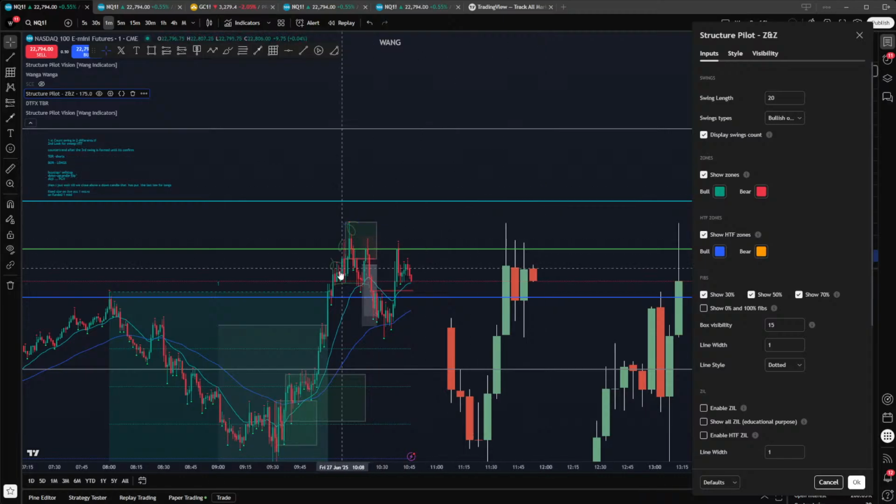If price fails here, this would end up being the continuation of our rounding, because you can see how it looked like a hat. Yeah, perfect. Beautiful.